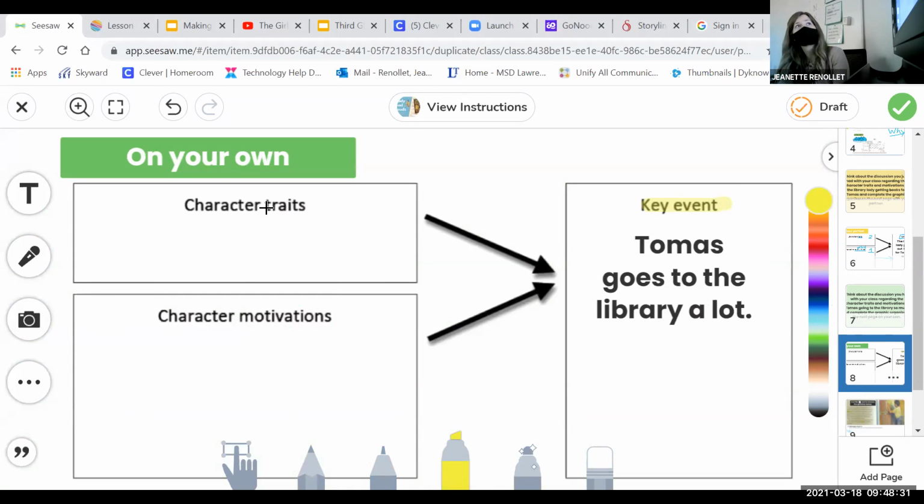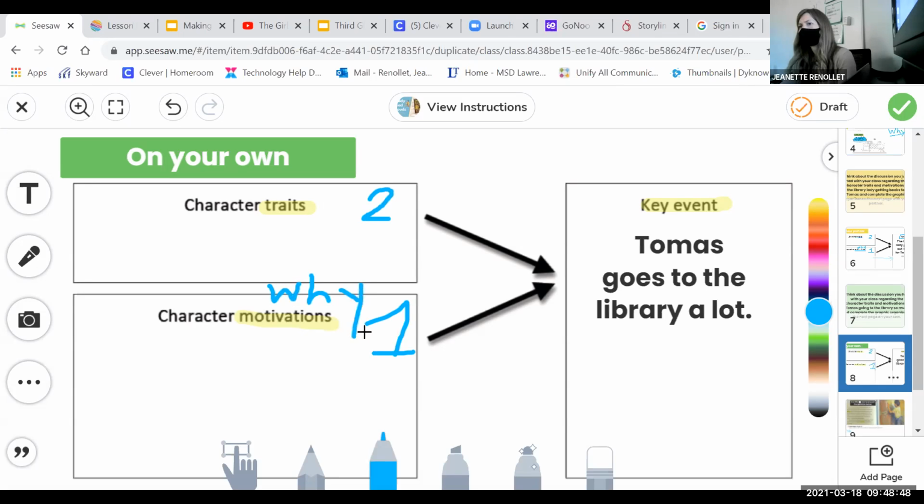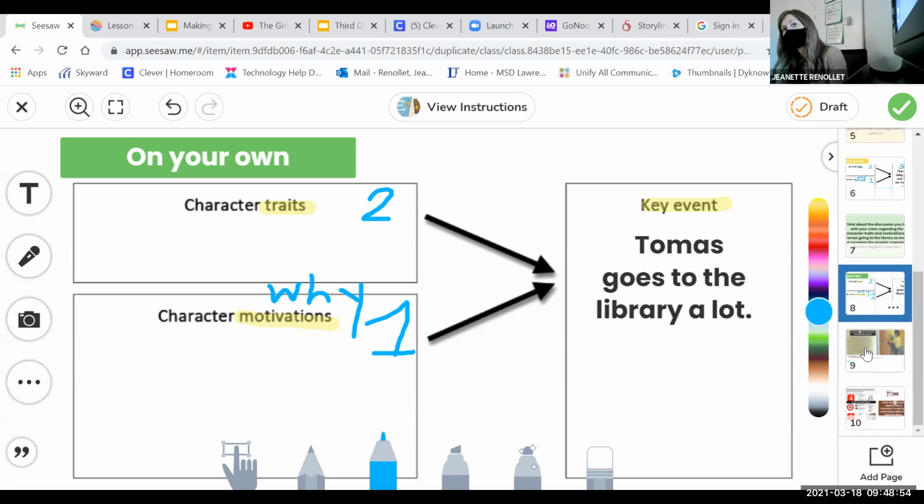I want you to list traits. I want you to write his motivation. List at least 2 traits. List 1 motivation. Why would Tomas go to the library? How does his motivation affect the plot? That is your task for work today. Slide number 8.